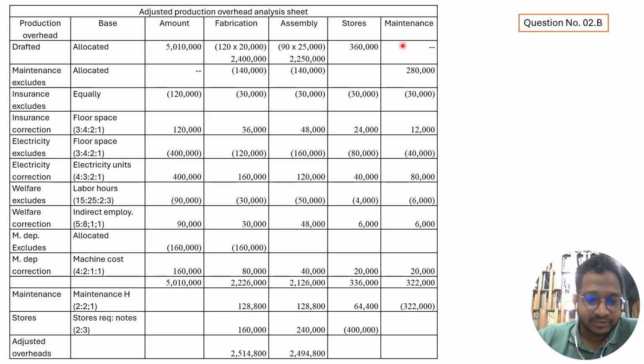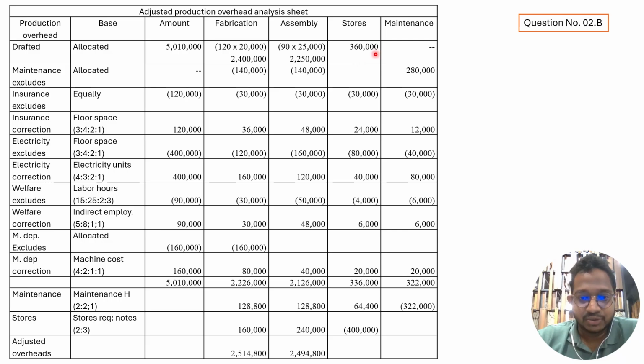Then the first thing that you should make is a production overhead analysis sheet. First of all, you can find the fabrication and assembly opening balances, which means the drafted overheads, by multiplying the given absorption rates by their machine hours and labor hours. And it says these production overheads are calculated excluding stores drafted overheads 360,000.